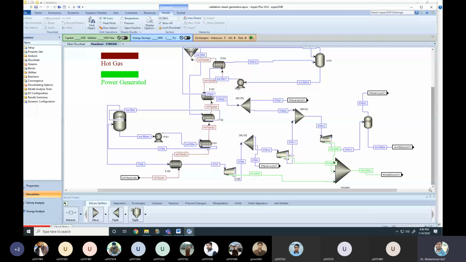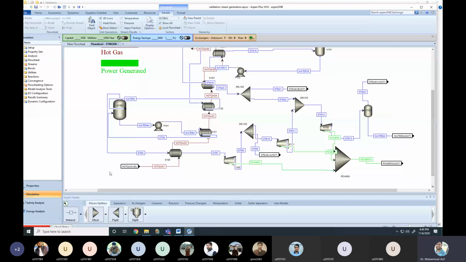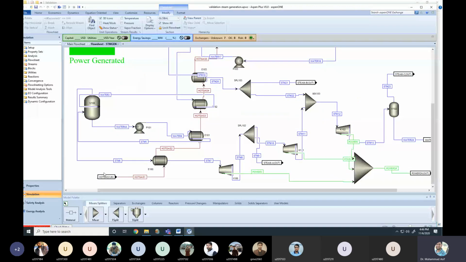Basically what is happening is, this is the hot gas coming from the gas turbine. It enters the heat exchanger, where the water enters and is converted into steam. That steam is used to drive the steam turbine, called the high pressure HP steam turbine. Then it is used to drive another turbine, called the intermediate steam turbine. Then further it drives the low pressure turbine.